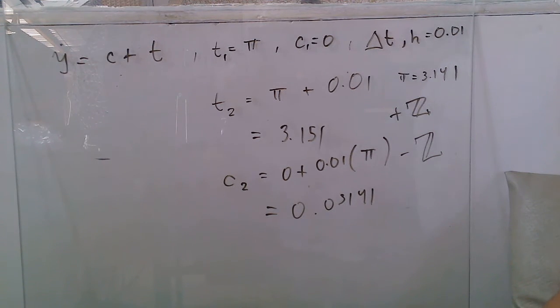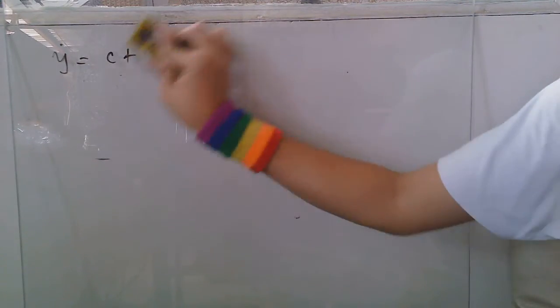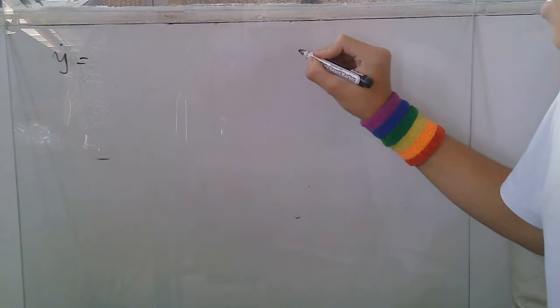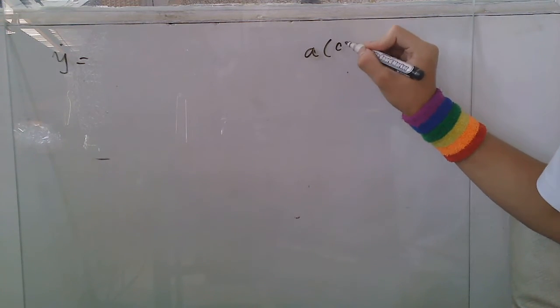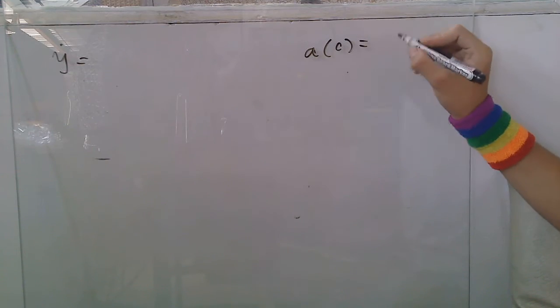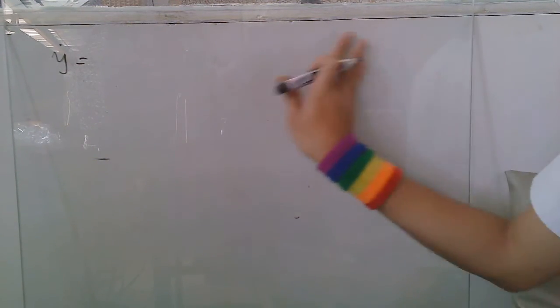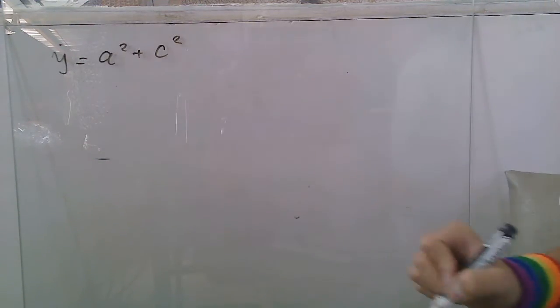So another one. Let's do another one. This time x squared. So this time, let's describe appearance with respect to the choice. So this time, appearance is a function of the choice. So we have an initial value problem, y equals a squared plus c squared.